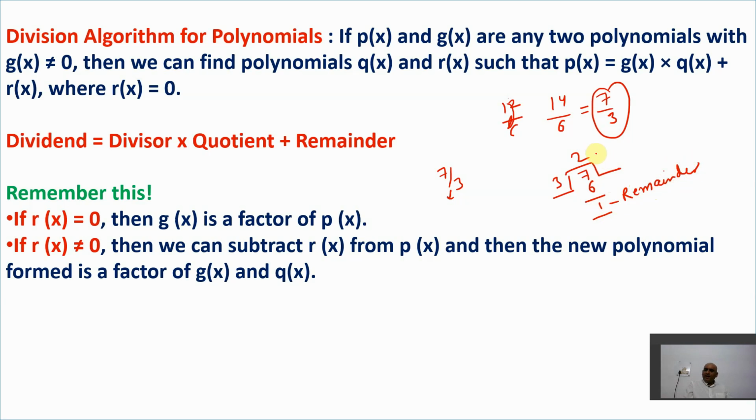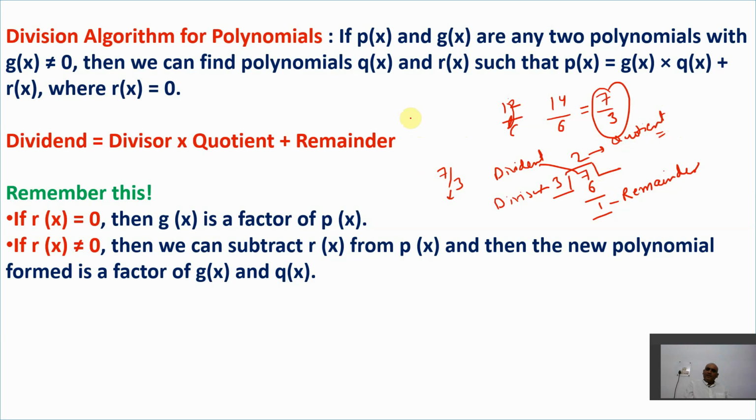And this 3 is called what? This is called divisor. And this 7 is called what? This is called dividend. And this 2 is called what? Quotient. Now understand something.